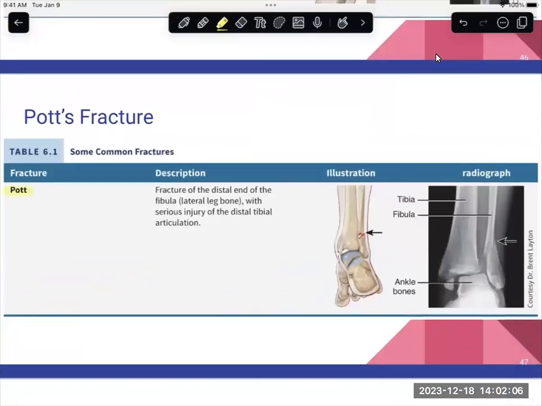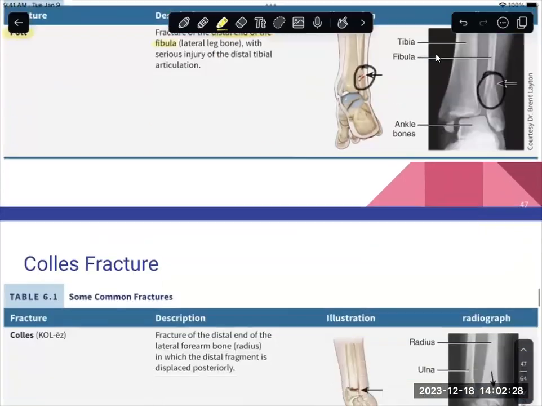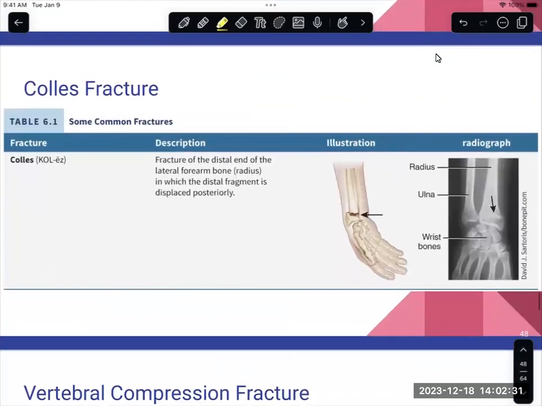These ones, a Pott's fracture, are more specific, but it's going to involve that distal fibula. This is a break in what is known as that lateral malleolus. That fibula has that lateral malleolus to it. A Colles' fracture is that distal radius.